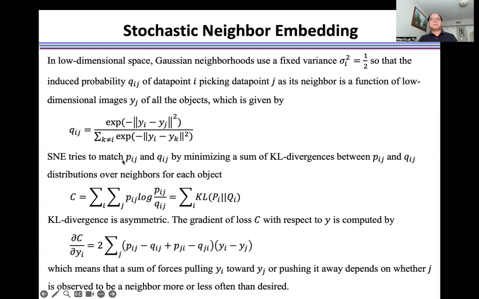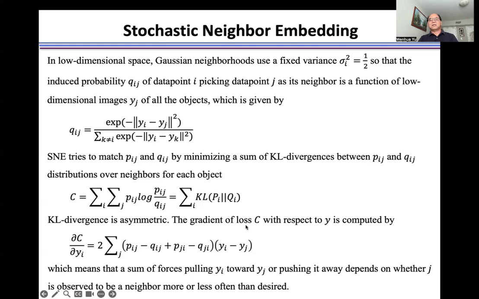SNE tries to match Pij and Qij by minimizing a sum of KL divergences between the Pij and Qij distributions over neighbors for each object, here. KL divergence is asymmetric.